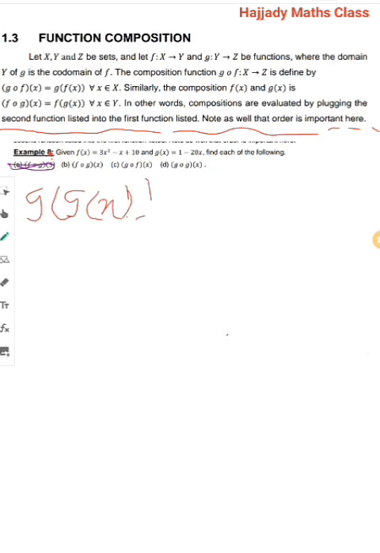So what we are going to do is this. Writing the function of g of x, and we are substituting it again. It means I have g into bracket, because our g of x is 1 minus 20x. So I'm writing this here. It is replacing g of x in this function, 1 minus 20x.